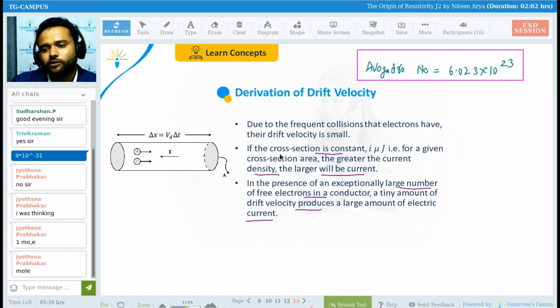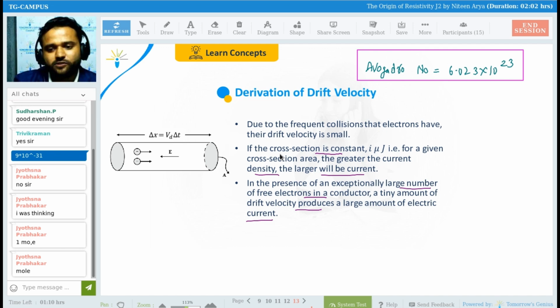So even if we have a drift velocity of 10 to the power minus 6 or minus 10, multiply it with this huge number and you get a very high effect. This is going to generate the current. Why so? Because current is nothing but the flow of electrons, the flow of charged particles. So a high amount of electric current is going to be generated even with a very small drift velocity. That is the meaning of this sentence.